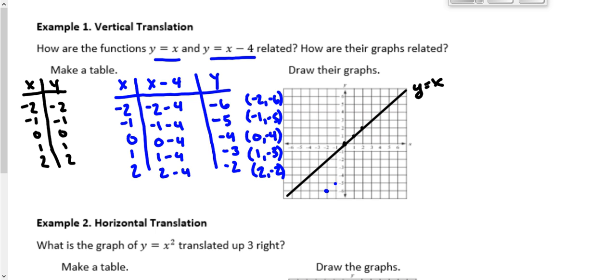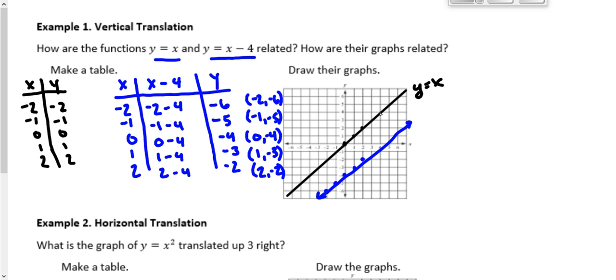At -1, -5, -4, -3, -2. Now this line, I'll try to draw it through there. If I could draw it a little bit straighter, you would see that it is parallel to that line. It is this exact line moved down 4 units. Every point is the same, only down 1, 2, 3, 4 units.